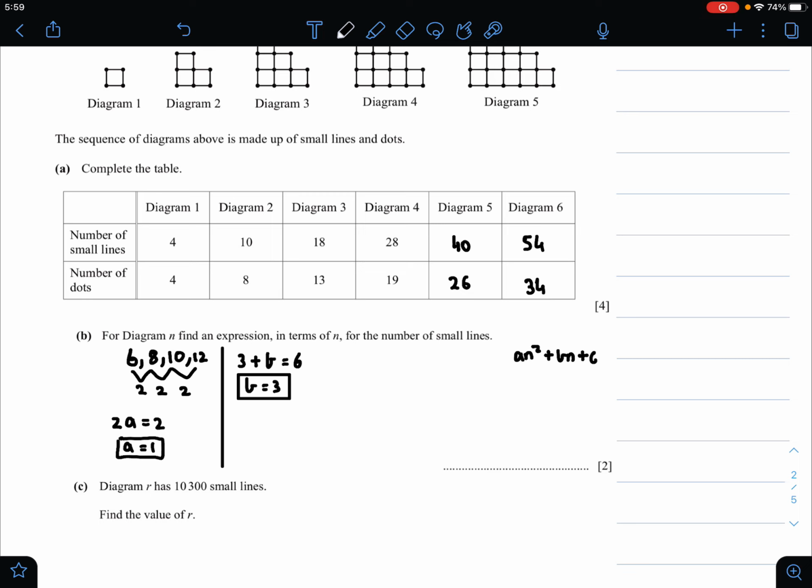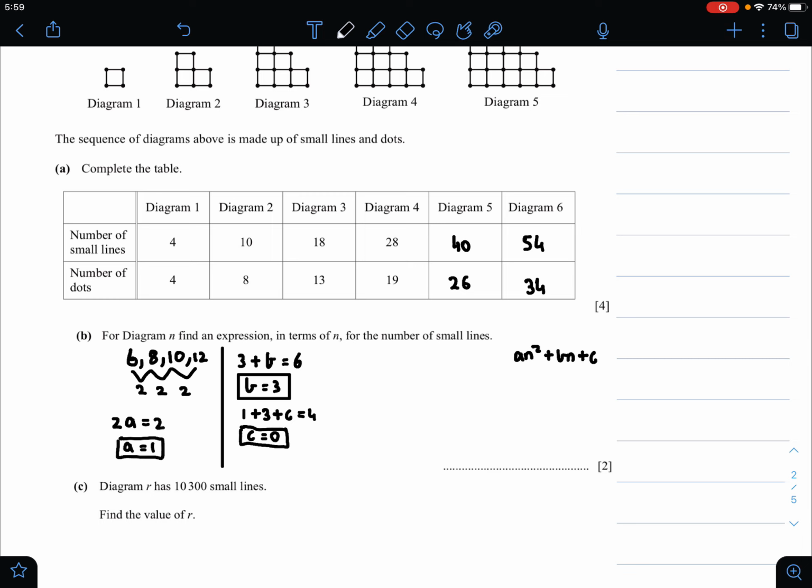Now to find the C value, you use the formula A plus B plus C is equal to the first term of the sequence. So A value is 1, your B value is 3, plus C, and the first term of the sequence is 4. Therefore C would be equal to 0 because 4 minus 3 is 1 and 1 minus 1 is 0.